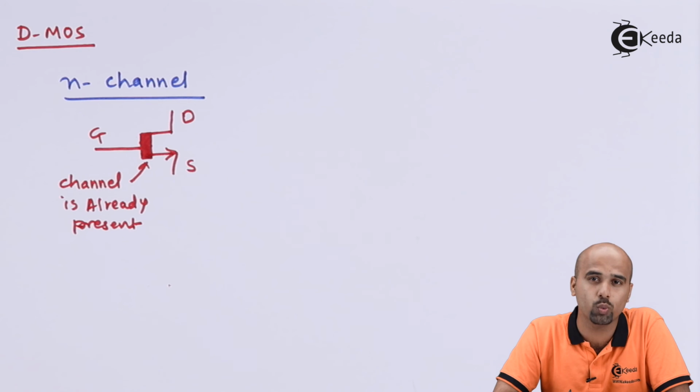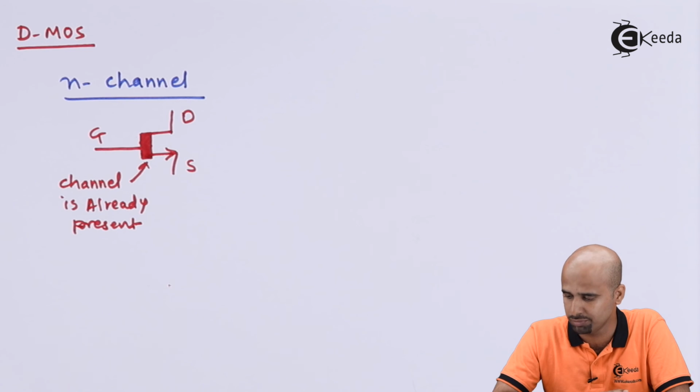So this is how we have learned the D MOSFET and E MOSFET as well. You can also form the P channel symbolic representation for D MOSFET. Very simple, just change the direction of the arrow, then we get the P channel D MOSFET symbol. So this is how we have learned a lot about the concept, types and classification of FET.